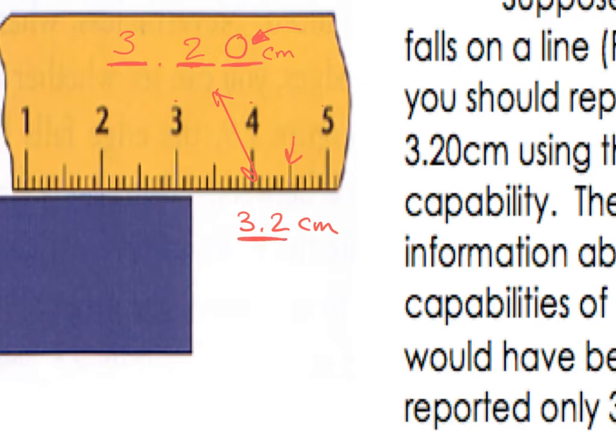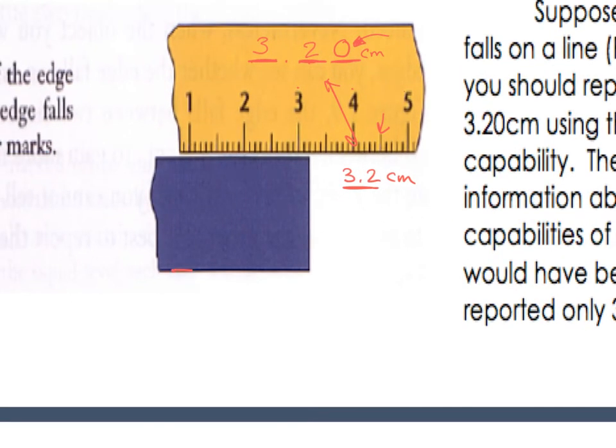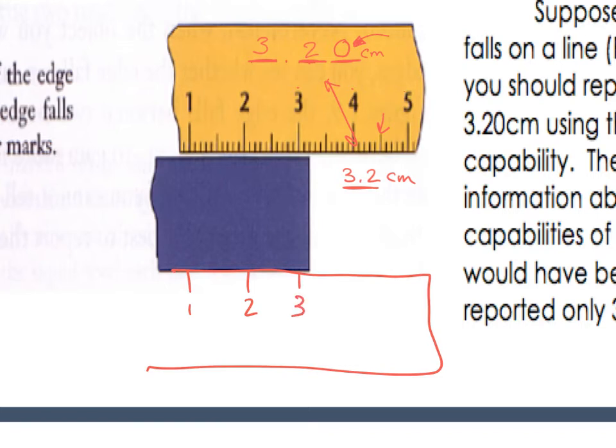If I only put 3.2, that would mean that I'm telling you that I used a ruler that looked like this: 1, 2, 3, 4. That it doesn't have those little lines. It only has the ones in the one spot. Because if I were measuring using this, my smallest division would be my 3, and my estimate would be in the 10th place after that.